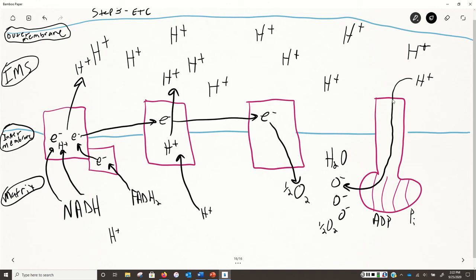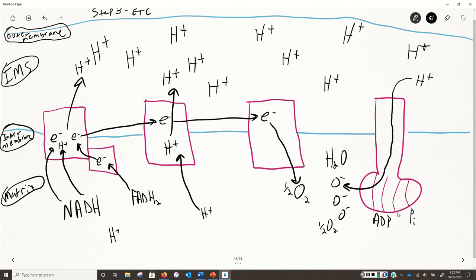Now, this protein is shaped pretty weird. One, it's a tube. It lets the H pluses pass through. But down here at the bottom, every time an H plus passes through, a couple of things happen. It spins, and one of these weird little almost like doors that I've drawn here at the bottom, they kind of kick forward.